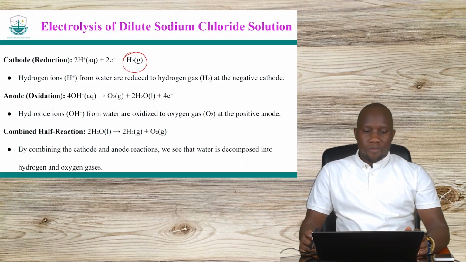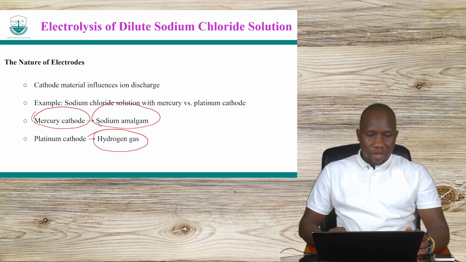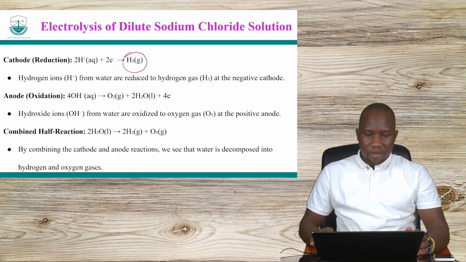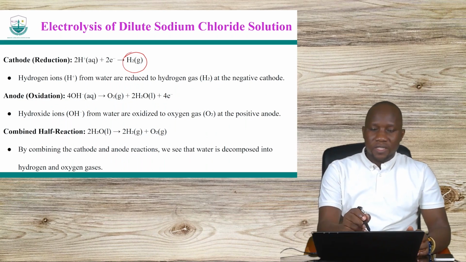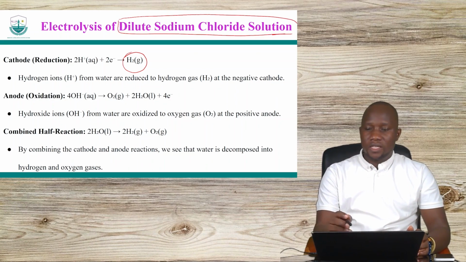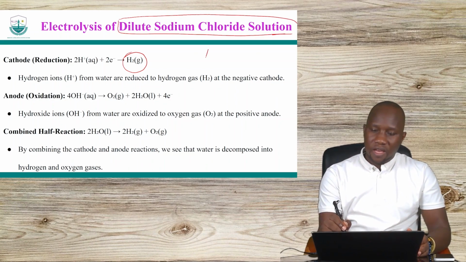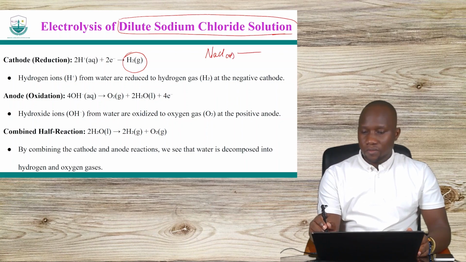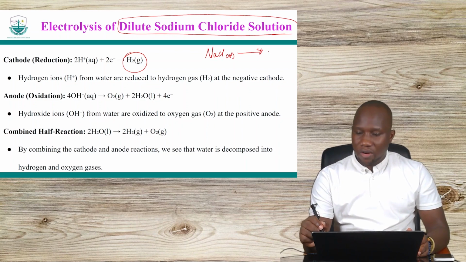Remember the ions present. The ions present in dilute sodium chloride are, you have the ions from sodium chloride, so you will have the sodium ions plus the chloride ions, right?